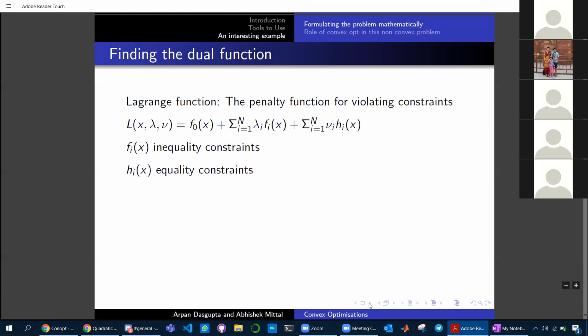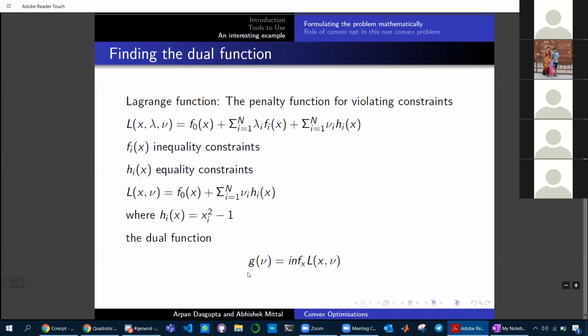In this problem, we have no inequality constraints, only equality constraints, so the lambda parameter can be taken away, and we have just this form now. Our dual function is defined as the infimum of this entire function over x. So this is our dual function. Let's try to solve this now and simplify it further.